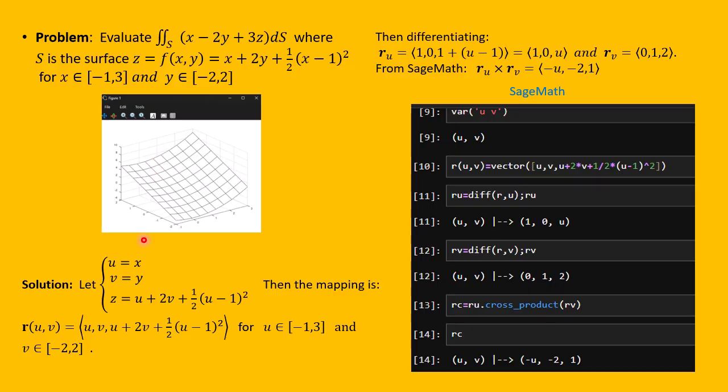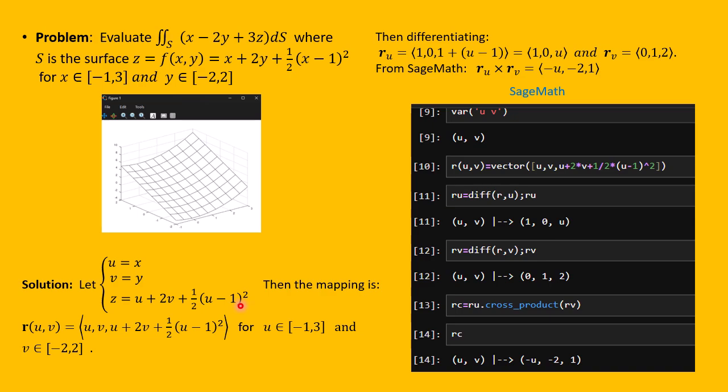So what we can do then is look at this equation here, and we can say, well, let u be x, let v be y, and then what will z be? If I plug in u's for the x's and v's for the y, we get that z is u plus 2 times v plus 1/2 (u minus 1) squared.